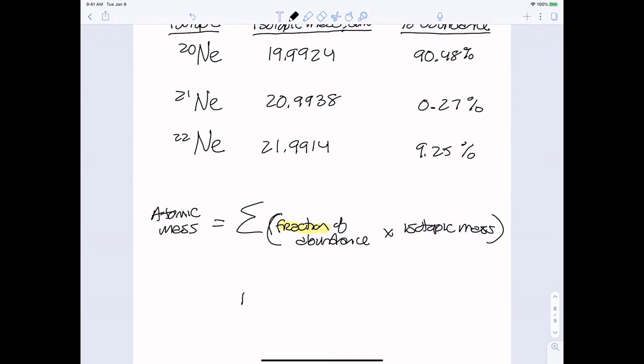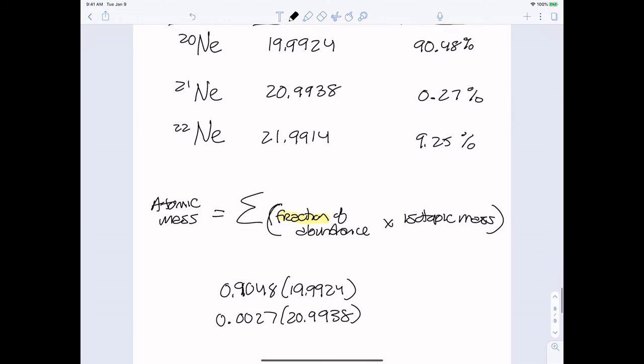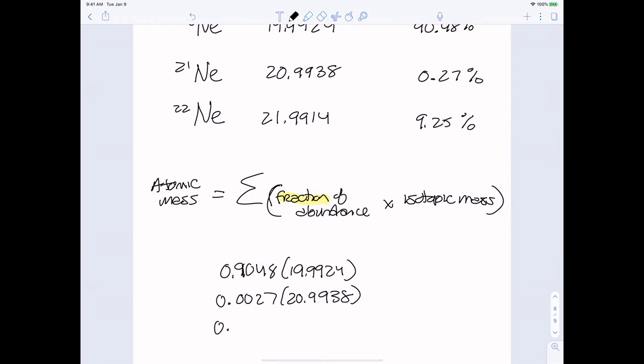So 0.9048, again unpercented, multiplied by 19.9924, 0.0027 multiplied by 20.9938, and then 0.0925. Again, we're just moving our decimal place to the left 2 places, dividing it by 100, whatever works for you.